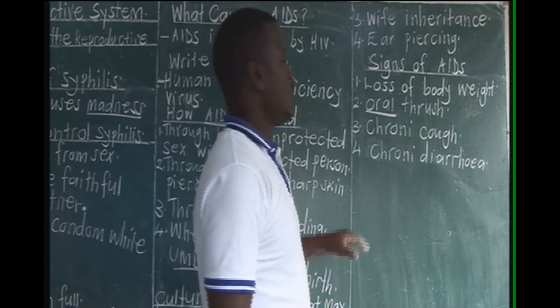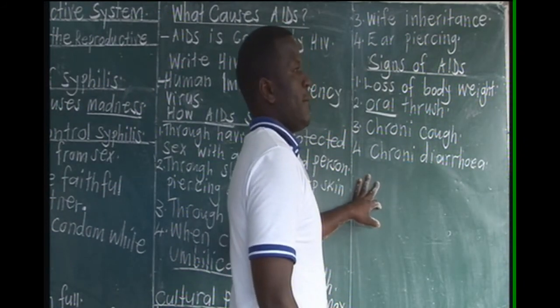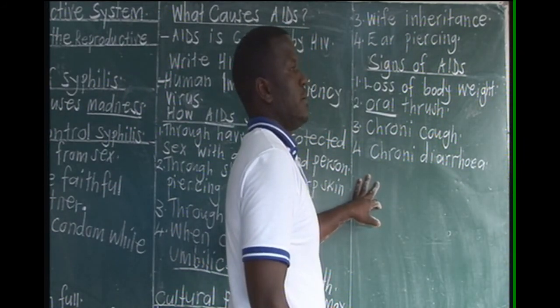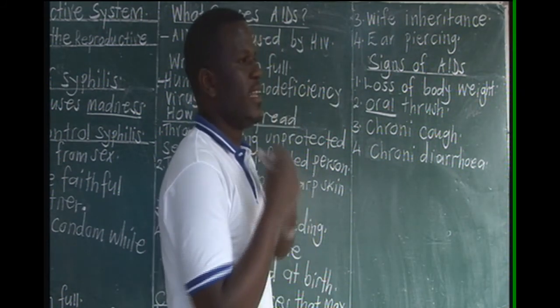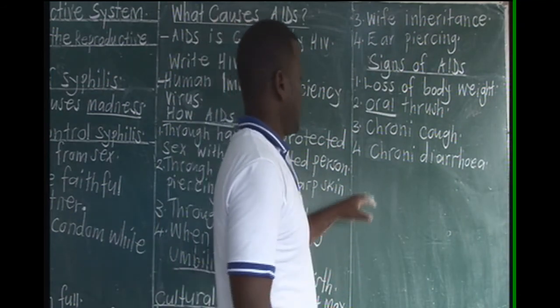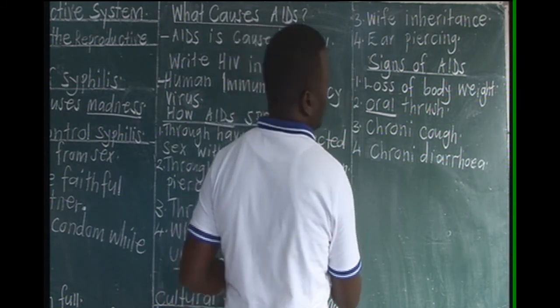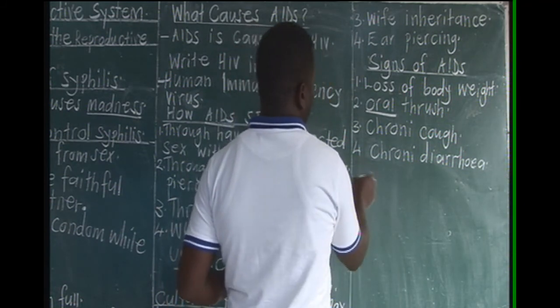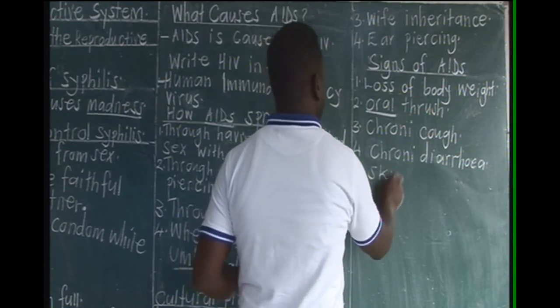Then we have another one called herpes zoster, something like a belt which appears either in the neck or in the waist. In Uganda, it's called chisipi. It's called herpes zoster. It's a clear sign of AIDS. Even skin cancer.